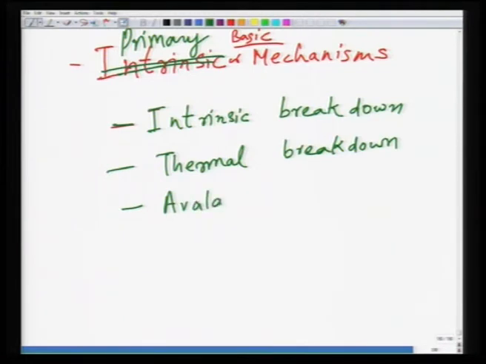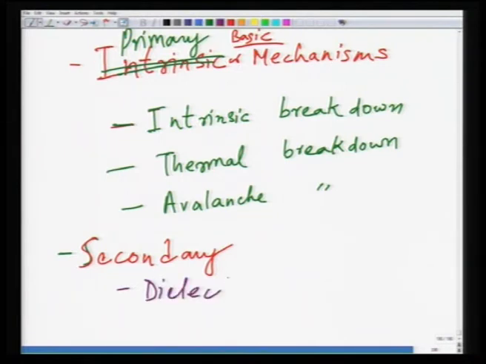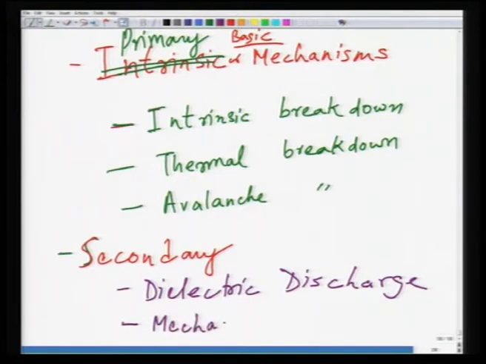These include intrinsic breakdown, thermal breakdown, and avalanche breakdown. Then you have what are called secondary mechanisms, and in the case of secondary mechanisms you have dielectric discharge, and you can also say mechanical breakdown or electrochemical breakdown.